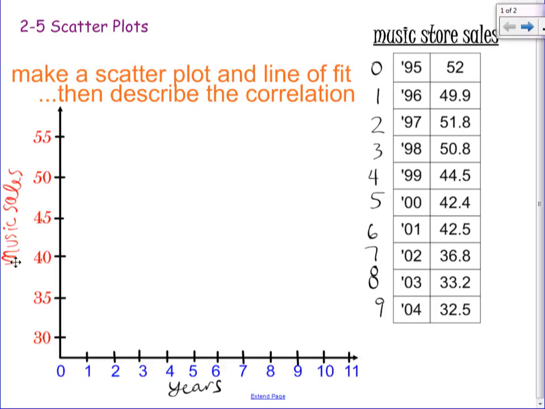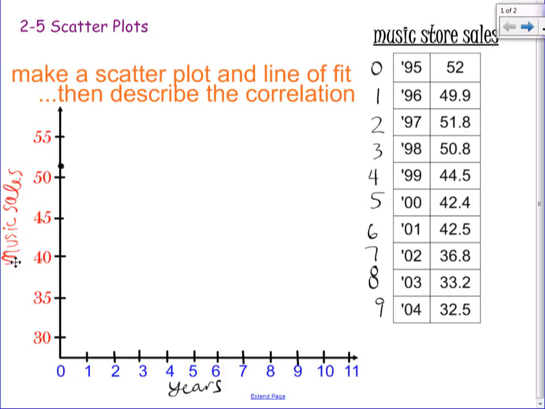Okay, so what I want you to do is to plot these points on the graph. I'm going to give you a minute to do that. So right above 0, right on 0, we're going to plot it at 52. And then keep going. Get all those points on there. My smartboard is not aligned, so this will not work very well for me. So we're going to go based off of your graphs.